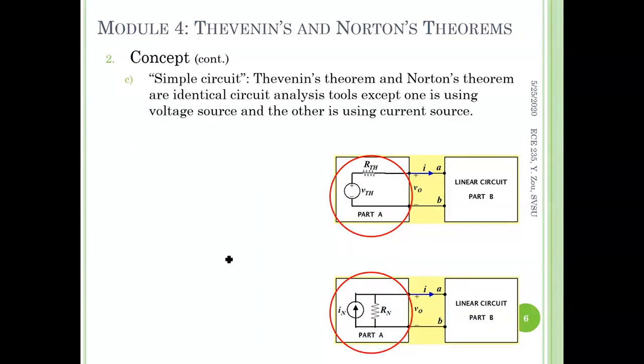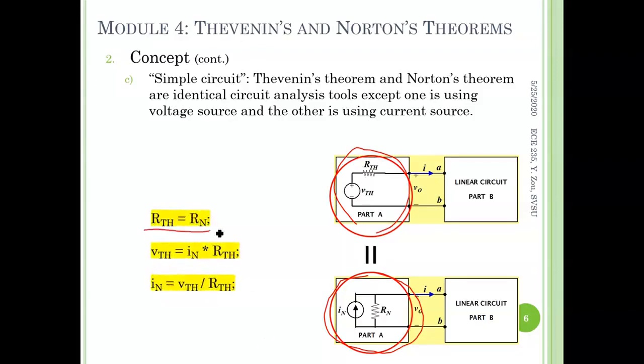Next, let's talk about the relationship between the Thevenin equivalent circuit and the Norton equivalent circuit. As we said, they are equivalent to each other since both are equivalent circuits of part A. The relation is very straightforward.